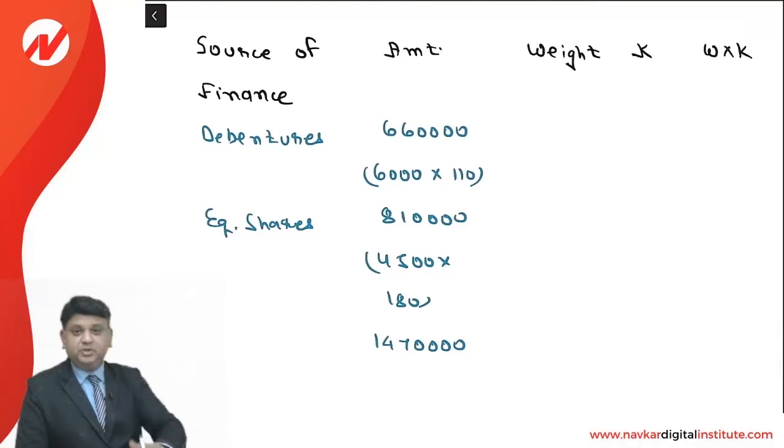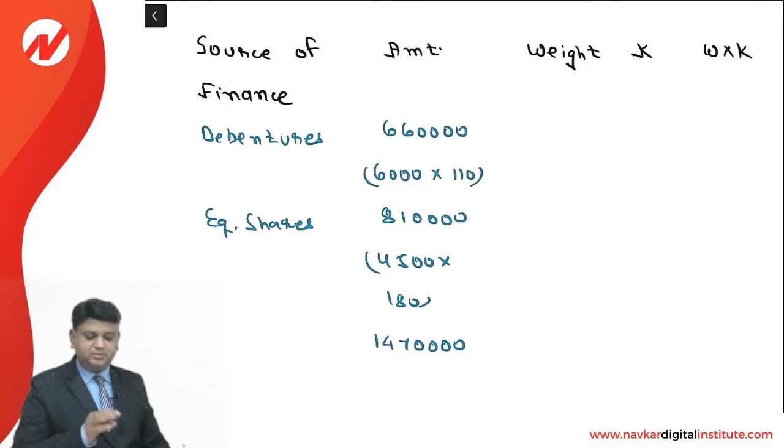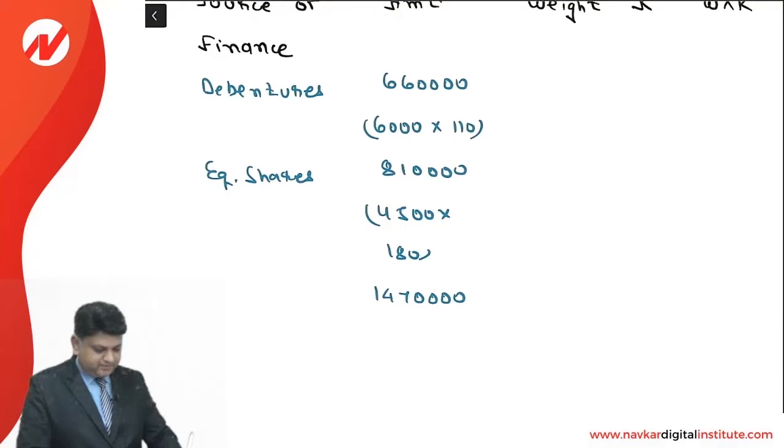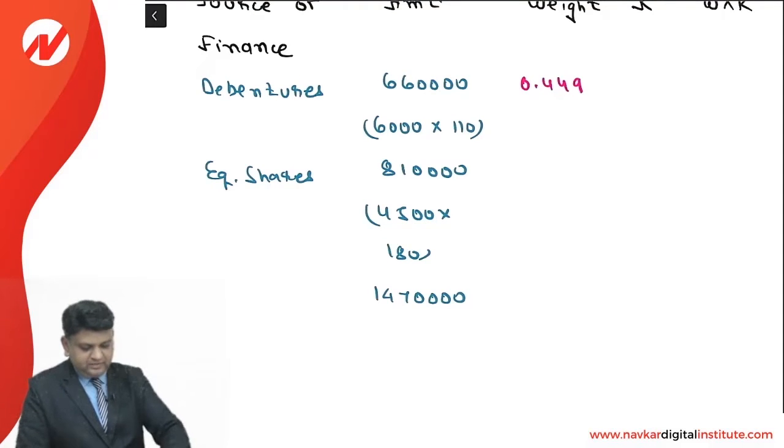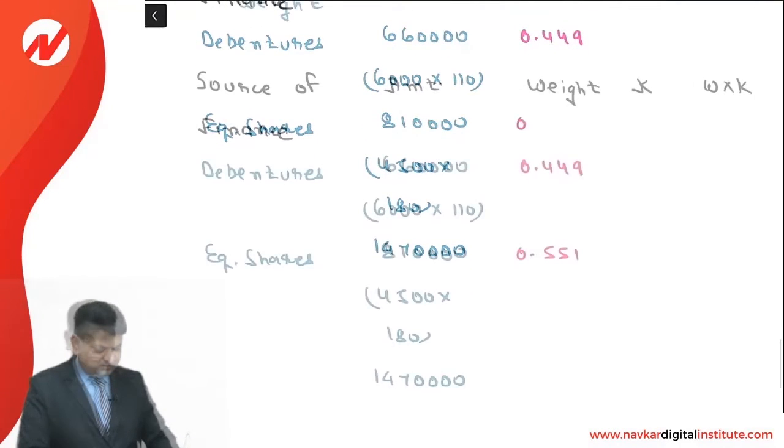Based on that, I will compute the weight or proportion, 6,60,000 upon 14,70,000. So it is 0.4489 or 0.4490 or 0.449. 1 minus 0.449 comes to 0.551.